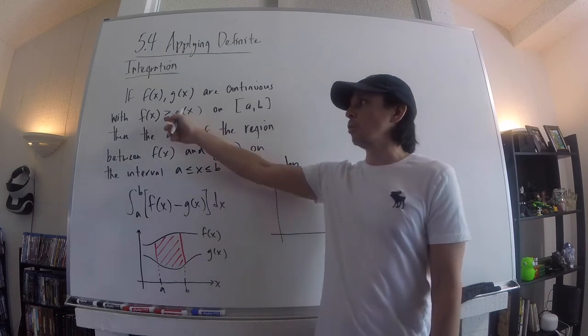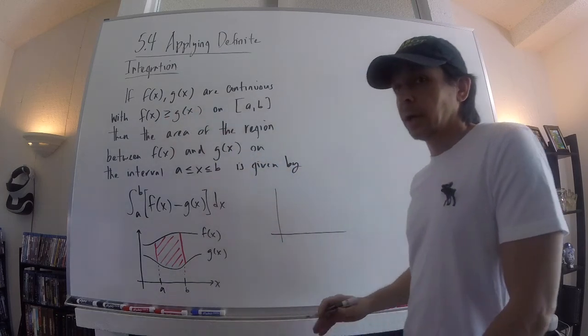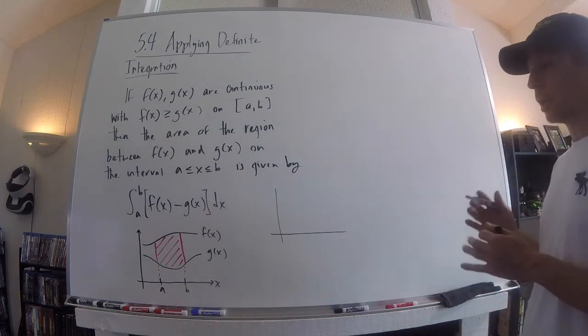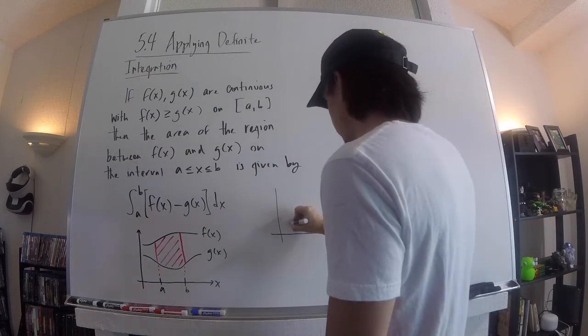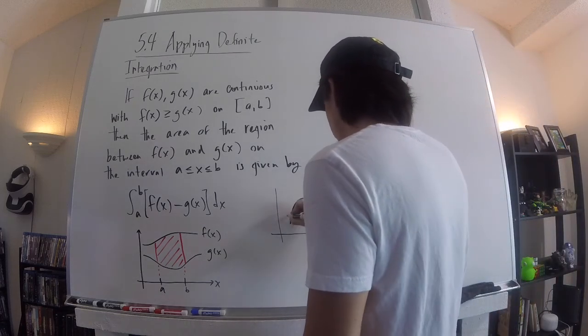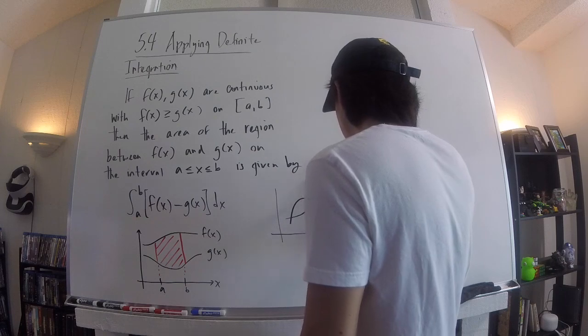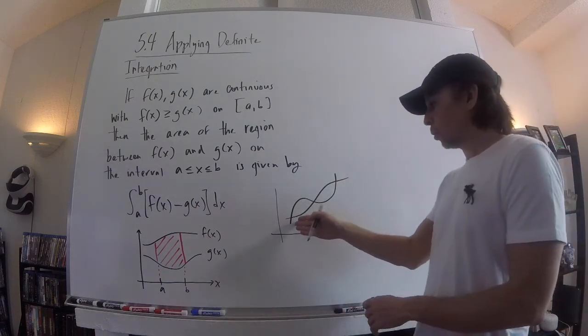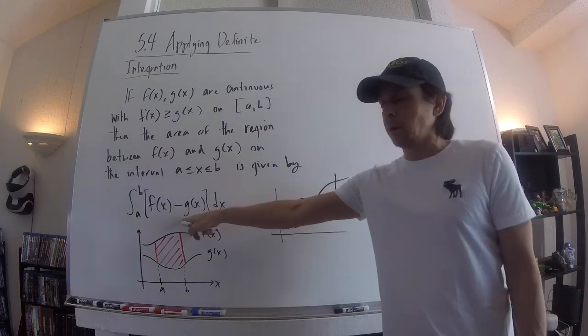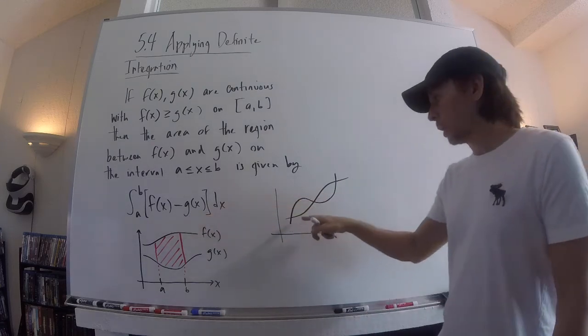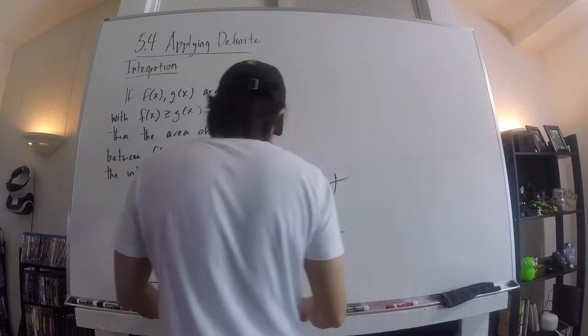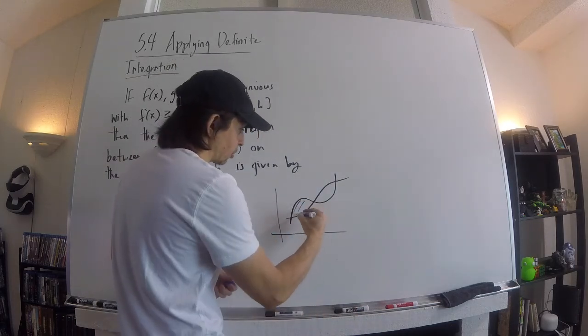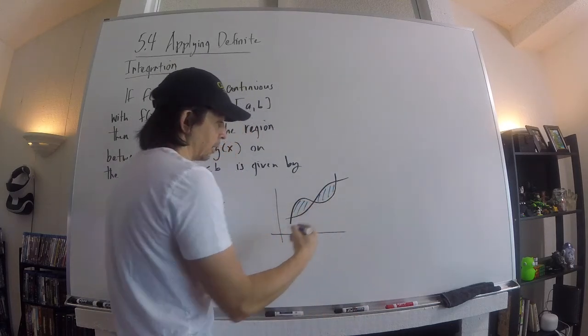They often won't tell you which one's the upper one and which one's the lower, and you've got to figure it out by having a general idea of what the graph will look like. And if you try to graph it and you realize that they cross, say 3 times, you can't just do a single integral from a to b to capture all those regions combined. If you want the area bounded by these curves, it is a combined area of several of those.